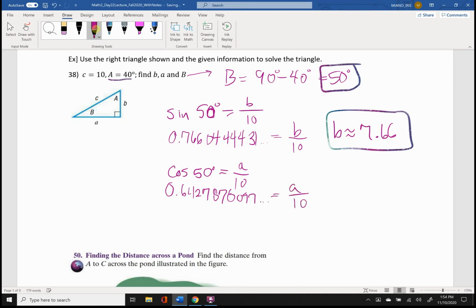Multiply both sides by 10, so essentially move that decimal place over 2 spots, and then round to the nearest hundredth after that, and that'll give you an a value of approximately 6.43.